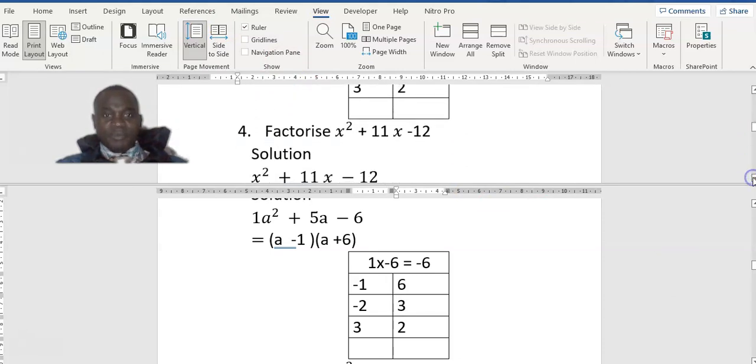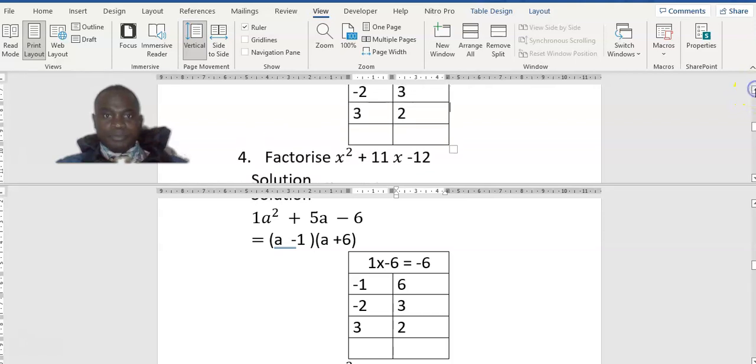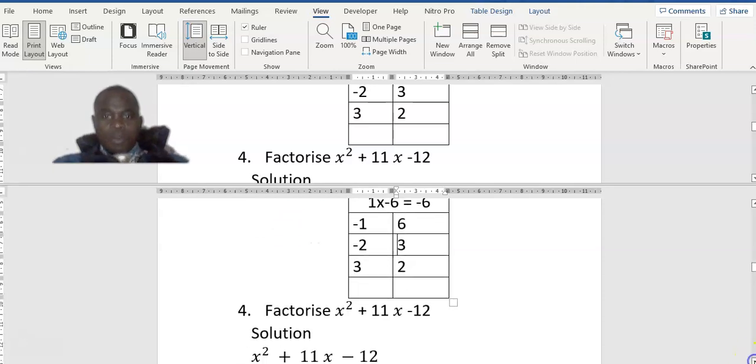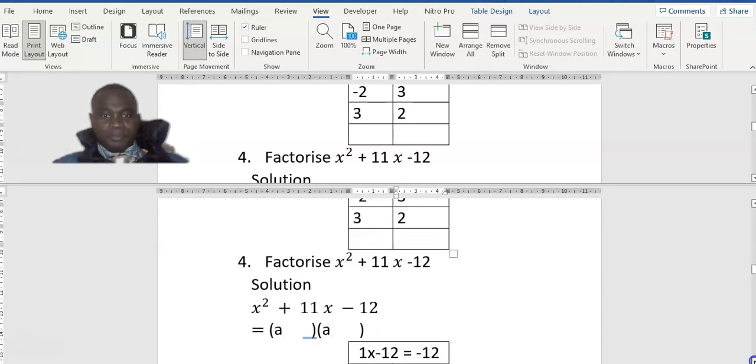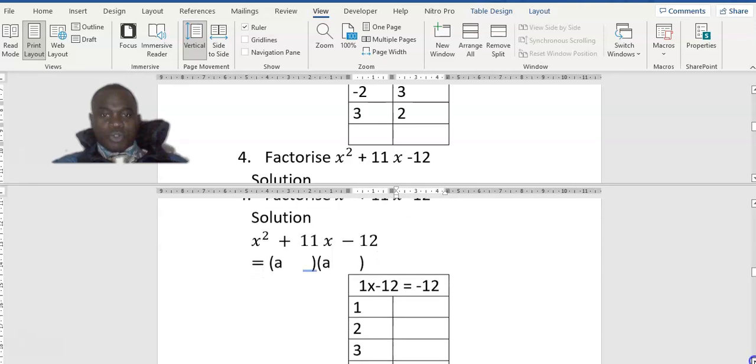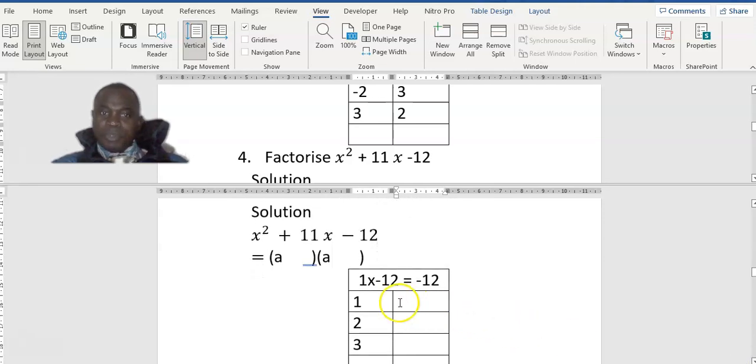Example 3. This one also. So let's see, the value here is 1.